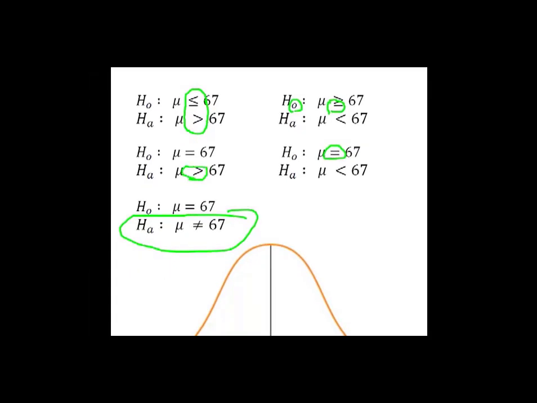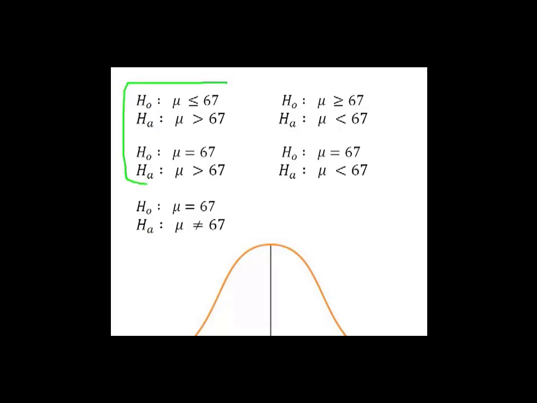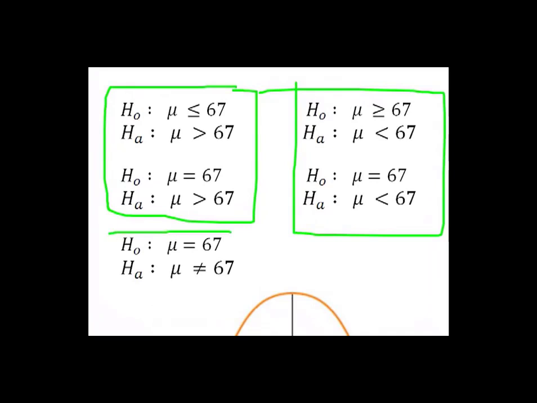So, setting up your null and alternative hypotheses, if you write these down on a sheet of paper someplace, these are the only choices you have. They're either going to look like this, or like this. Now, the parameter may change.